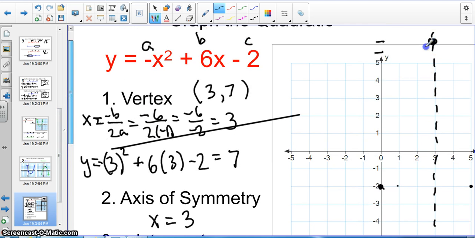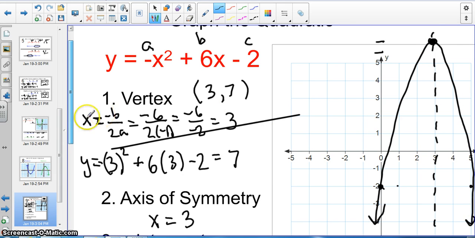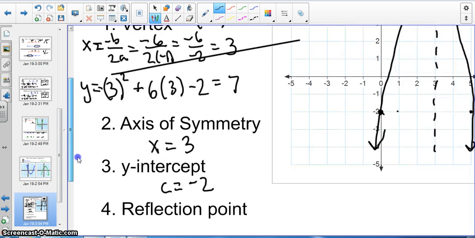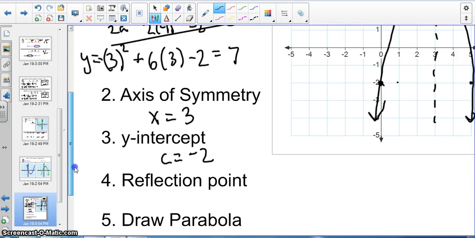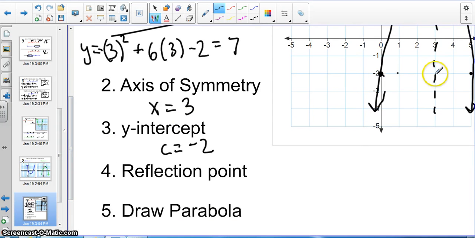Now I can graph that, so I just connect them. Okay, remember that should be 3 points away, and I should move that so it is on my graph. My reflection point, 3 points away, would be 1, 2, 3. So it would be 6, negative 2.